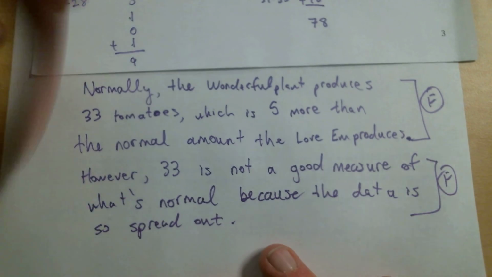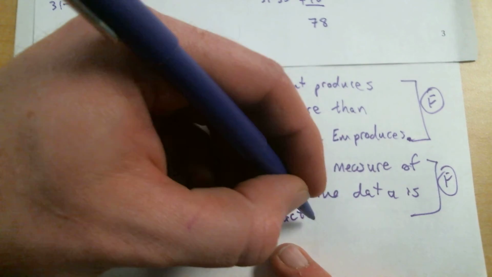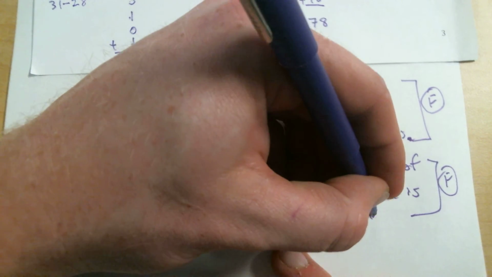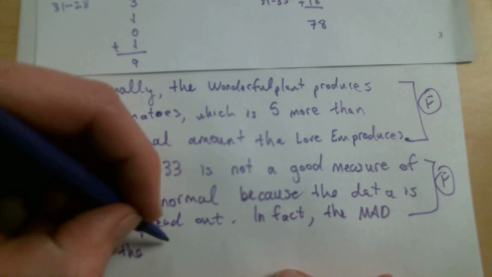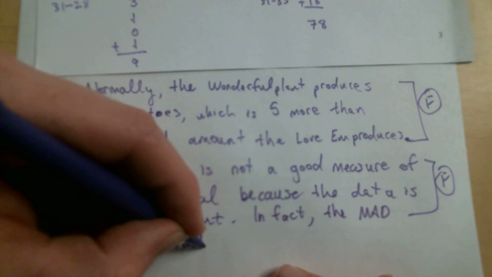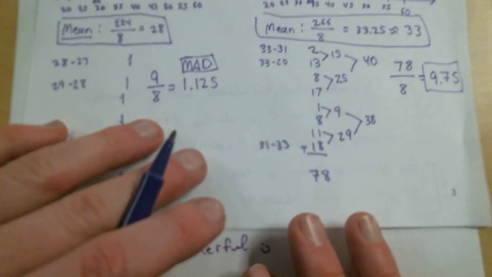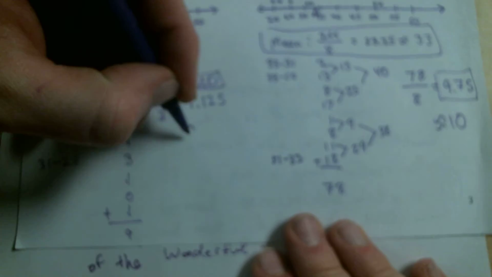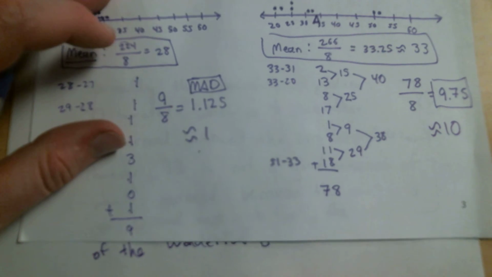So then I can keep building off of this, right? In fact, the MAD of the Wonderful is, and let's see how different they are. Remember, this one's almost 10, and this one's about equal to 1. So it's almost 9 deviations more. That means it's super spread out.